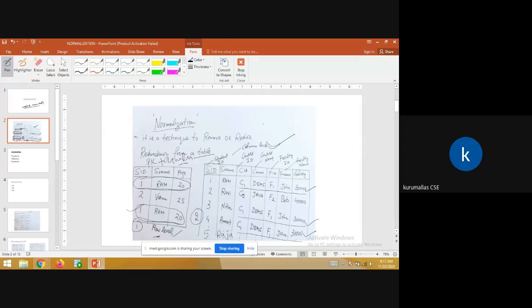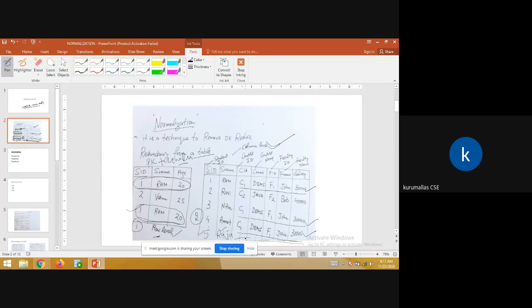The course ID, course name, and faculty are not yet decided. This entire column data is not yet decided, but the student name is decided. If you are inserting values into the table, except these two, all the other values have to be null.